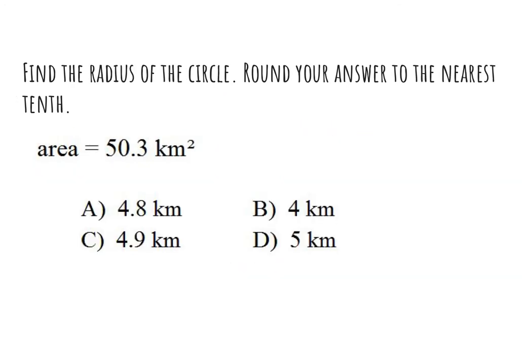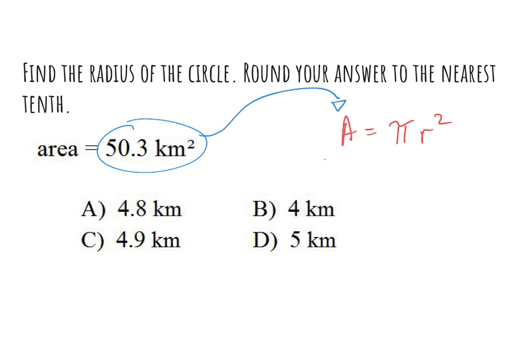Now you try. Find the radius of the circle. So I am going to write my formula. Area is equal to pi r squared. And I am going to plug in what I know. I know that the area is 50.3. So now I'm going to solve for my variable r. I'm going to move pi by dividing because the inverse of multiplication is division.